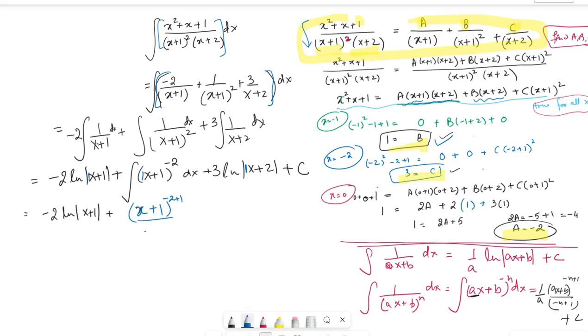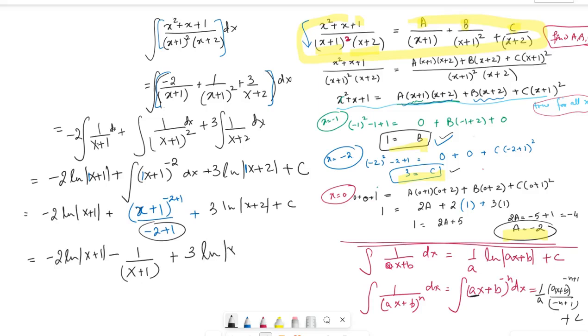Negative 2 plus 1 by negative 2 plus 1, plus we have 3 natural log of x plus 2 plus C. So our final answer, this is negative 1, so negative 1 by x plus 1. Why? Because x plus 1 power negative 1, that becomes negative 1 and it has to go in the denominator. Plus 3 natural log of x plus 2 plus C. This is your final integral answer.